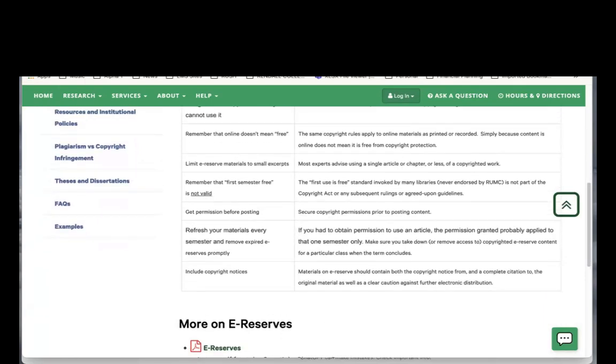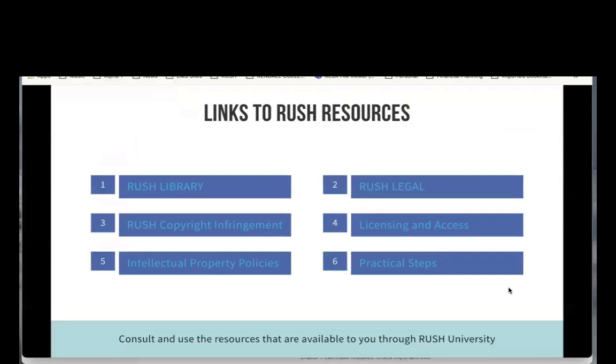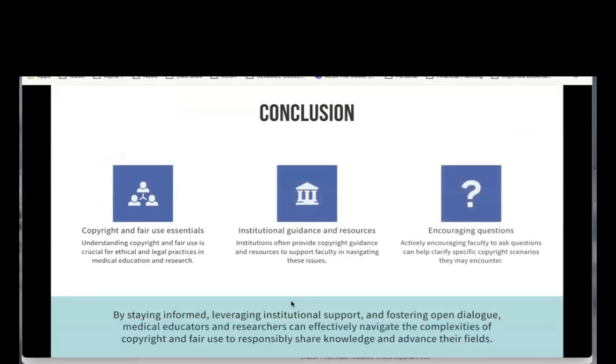So those are some basic resources that you have. I encourage all of you to use them. And then finally, just remember that by staying informed on your side with what's legal, what's not legal, you can absolutely stay on the good side of using the most up-to-date information while still protecting yourself and the interest of the author slash creator.